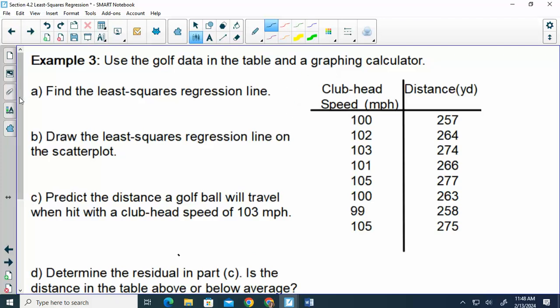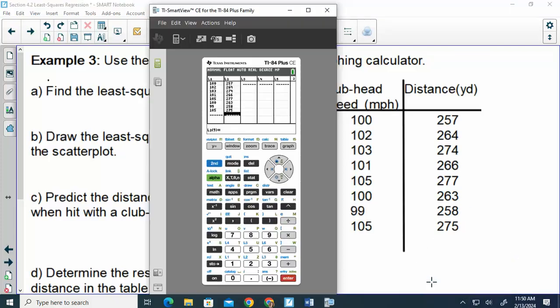So here is a golf example. Okay, these are the x values and our y values. So let's enter those in our calculator. We all have our data entered. Then if we go into stat, calculate, the same place we went yesterday, the linear regression, you'll notice there's 2 of them on here, 4 and 8.